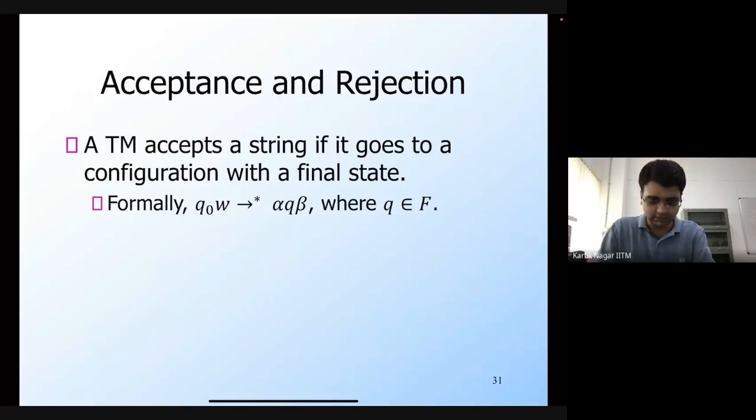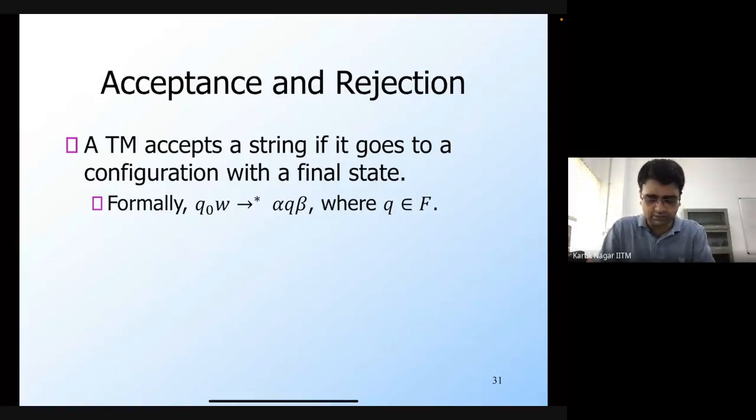Let's say that from the initial configuration the TM starts processing the string, and if at some point it reaches a configuration where you have a final state, then the particular string will be accepted. Formally, you start from the initial configuration, which is q0 w, where q0 is the start state, w is the input string, and the read head points to the first, or leftmost, symbol in w.